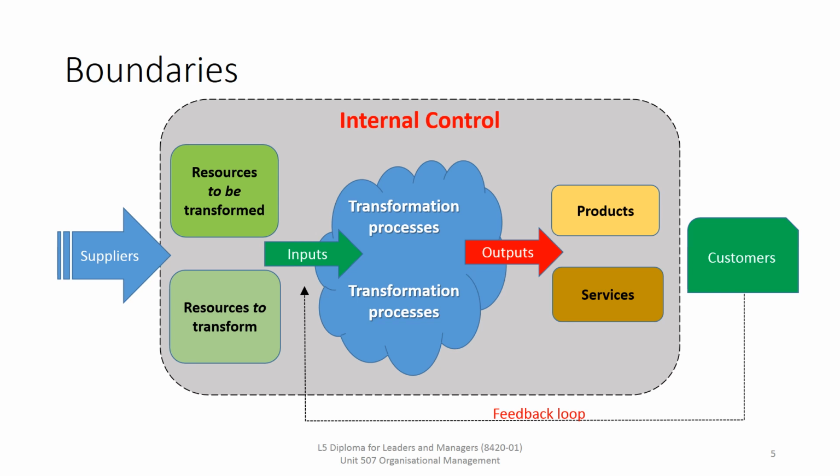So we may have control over the resources that we're going to bring in, and how they're input, the process in the middle, and then the output and the types of products and services we're going to produce. Now, within different organisations, that can be different. And then shortly, we'll be looking at an activity where you'll be trying to work out where your boundaries of operational control are.